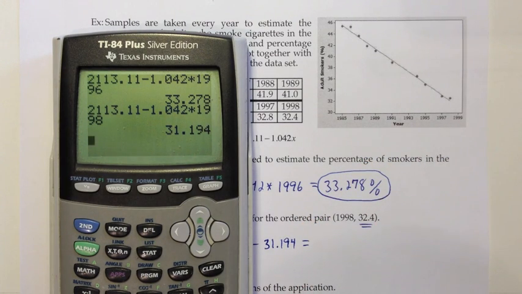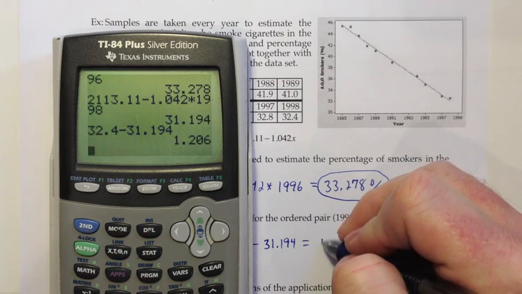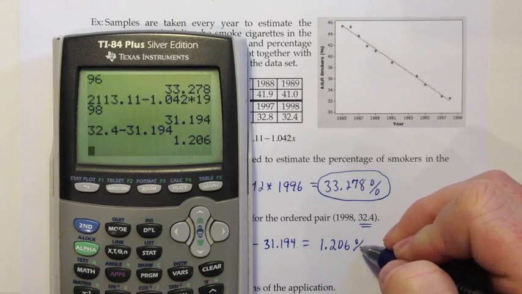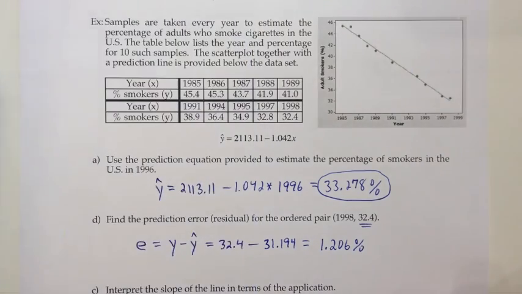And then our residual, or prediction error, is that difference between that 32.4 minus our predicted value, 31.194, and we get 1.206. And again, that's percentage points. So I would say our error for the 1998 value was 1.206%, because the actual value is 32.4%, and our prediction equation gave us 31.194%.